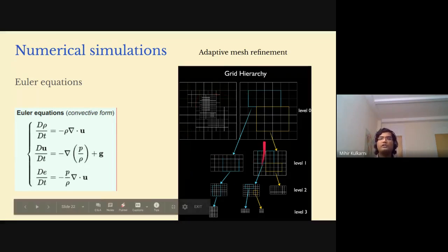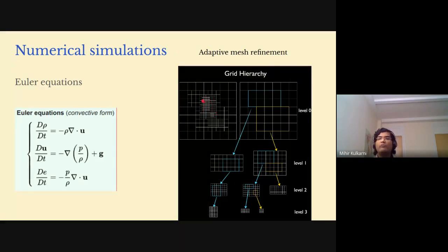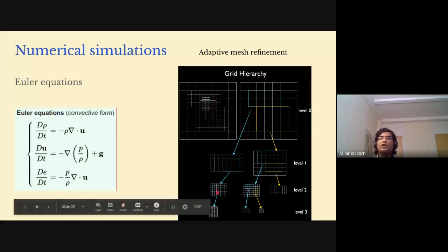So we have a box, and depending on the gas densities and whatever criteria we can define, we can split the grid and run that part with higher and higher resolution. This is called adaptive mesh refinement.